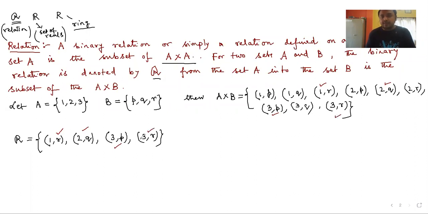So all the elements of R are the elements of A cross B, and set theoretic rules again come into the picture.